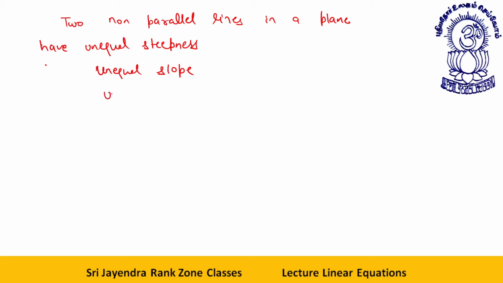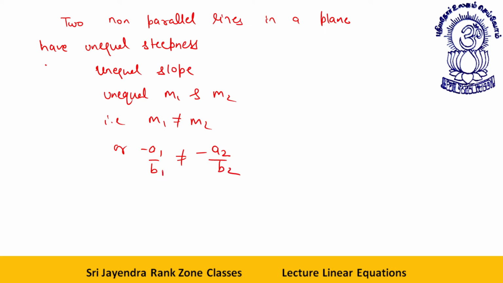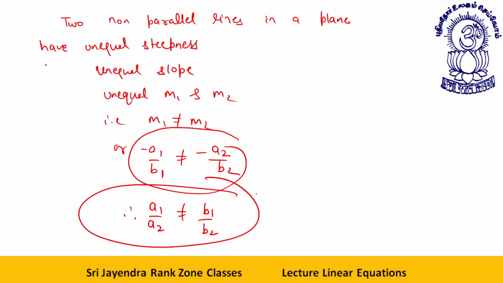That is unequal m1 and m2. That is m1 not equal to m2, or what is m1? Minus a1 by b1 not equal to minus a2 by b2. Therefore I can say a1 by a2 not equal to b1 by b2. This is the condition. Okay, dear students, this is clear to all of you? Yes, it is clear. Now, let's move to the next concept.